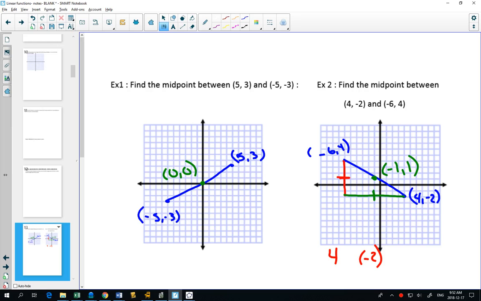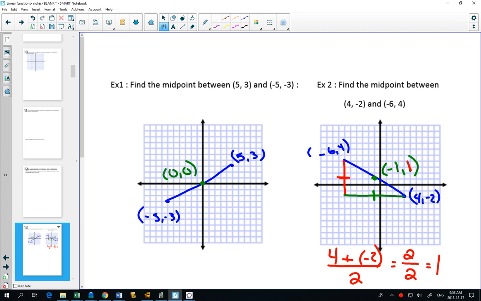Maybe you did so bad you lost marks. Okay? If I wanted to find the average of those, well, I would add them up. And since I had 2 of them, I'd divide by 2. What's 4 plus negative 2? And then 2 divided by 2.